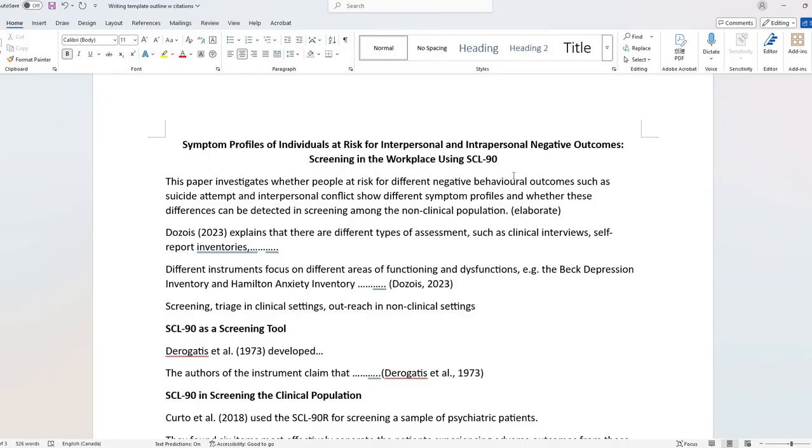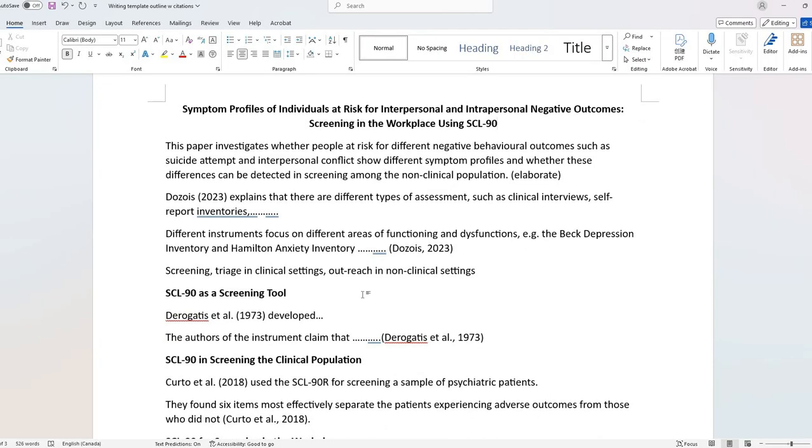In my introduction, I have several points to discuss. One point I want to discuss is the instrument. The SCL-90, Symptom Checklist 90, as a screening tool. So I give it one heading. I make one level 2 heading for the instrument.